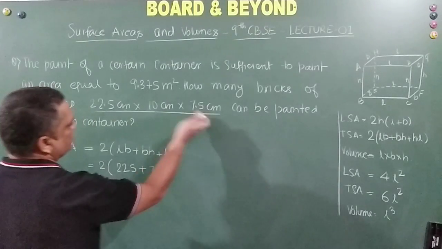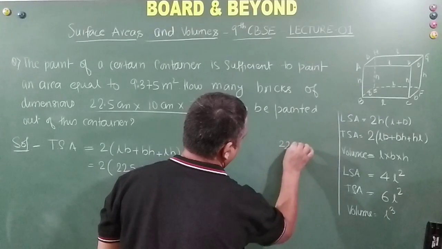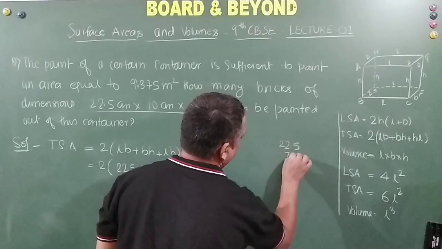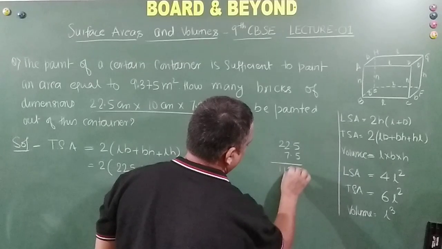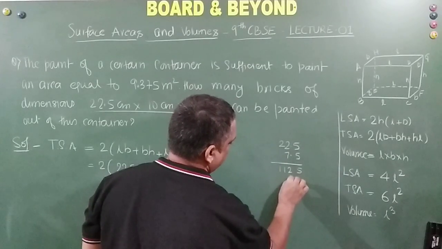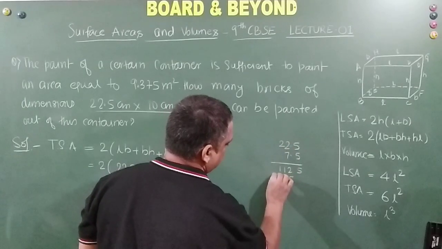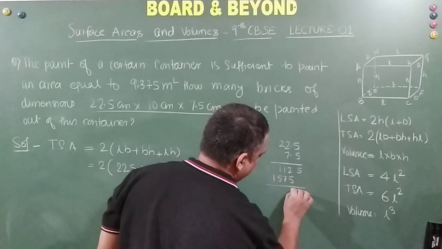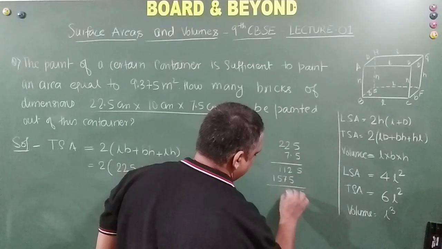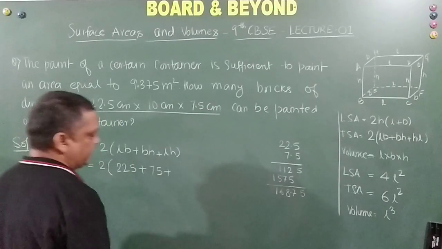Plus this into this, we'll do it here, 22.5 into 7.5, that is 168.75.